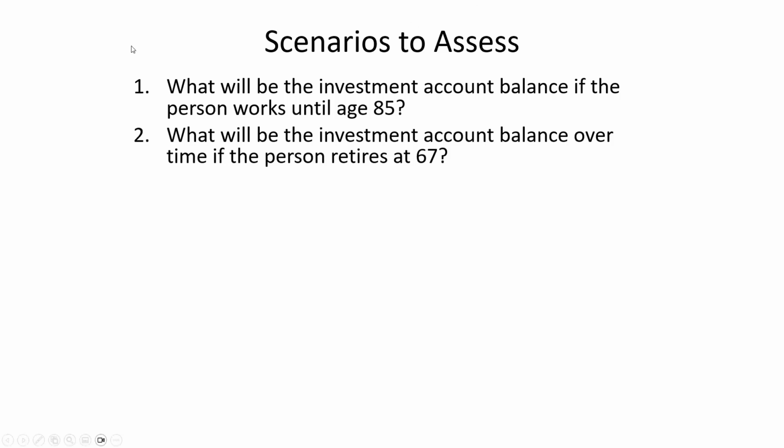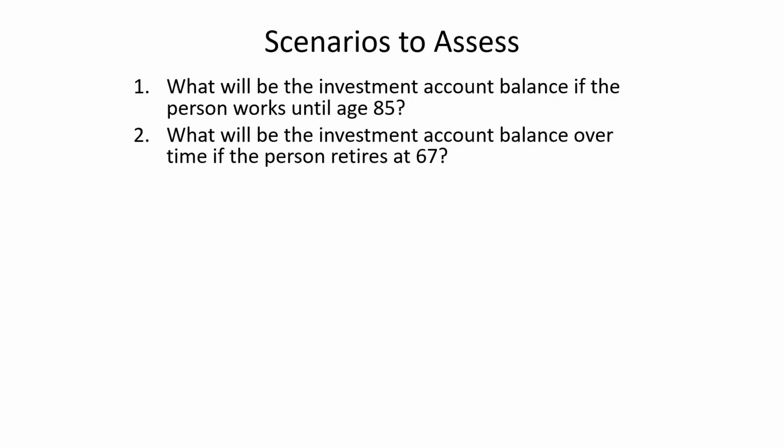Now, the second scenario you're going to assess is: what if the person retires at age 67? This is a different analysis from the first, because in the first analysis they work and receive income all the way through age 85.